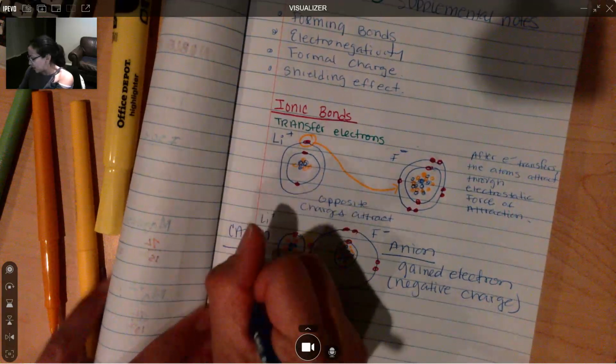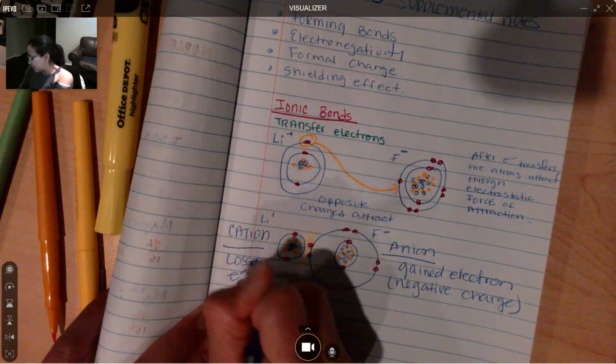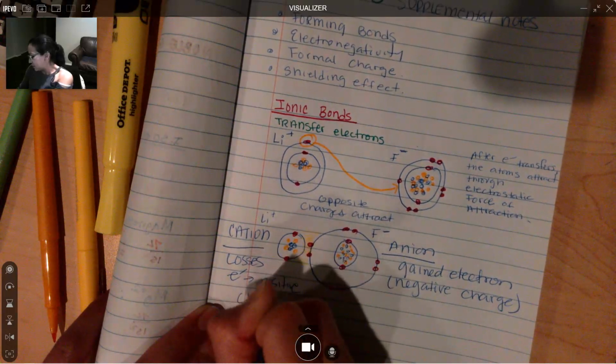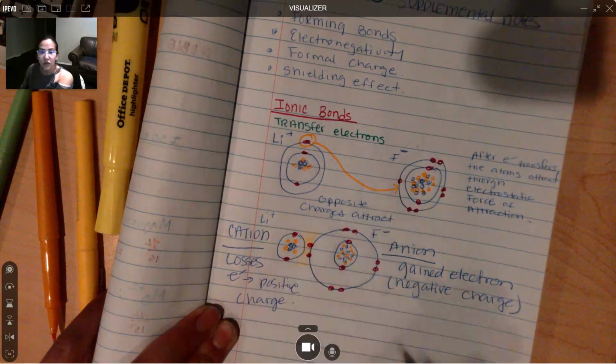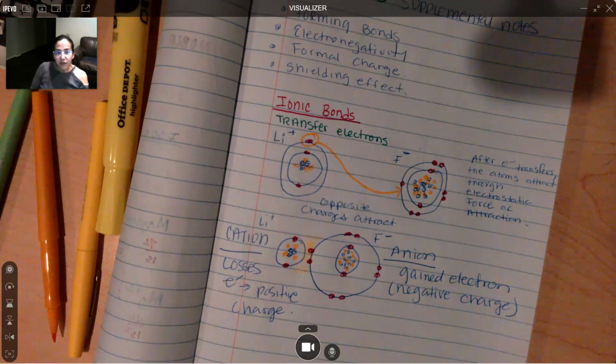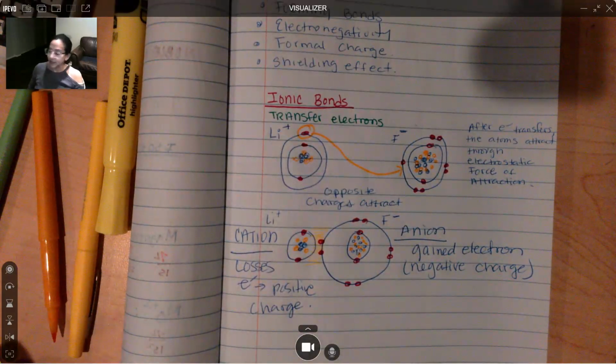And a cation loses an electron, and therefore it gets a positive charge. Okay, so a couple things is that metals and nonmetals, their net charge is going to equal 0. So when you combine these atoms together, you're going to get a net charge of 0.